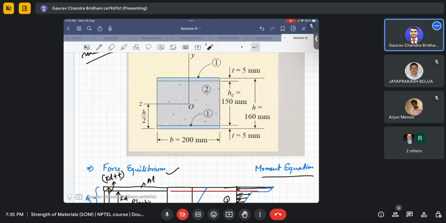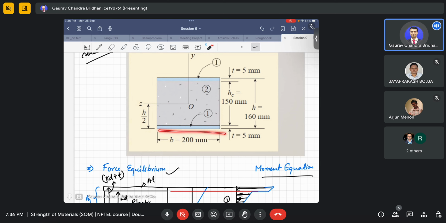The other way is to find the outer one with the aluminum and subtract the inner one with the plastic, which gives just the value I want. I will do the other one, without the parallel axis theorem. You can do it with the parallel axis theorem also, but you have to multiply and find the distances and those things. So instead, I will just directly do that.